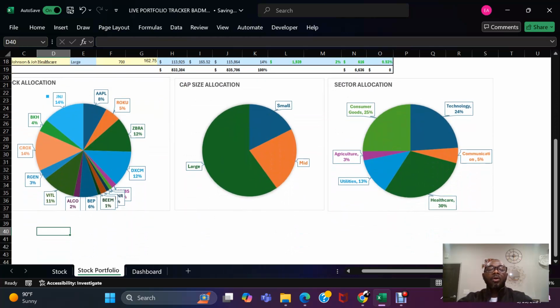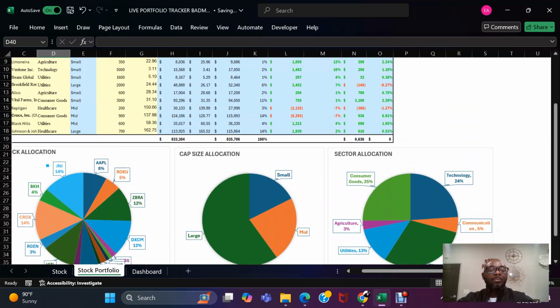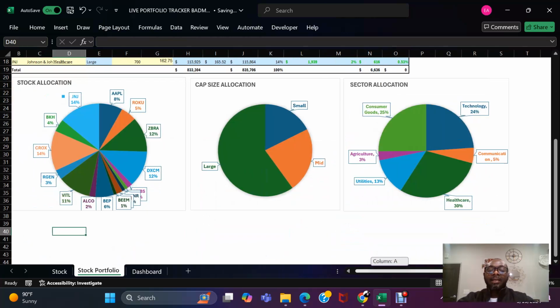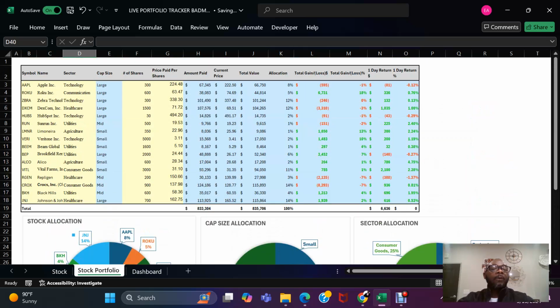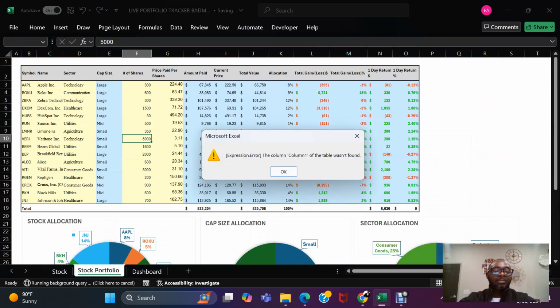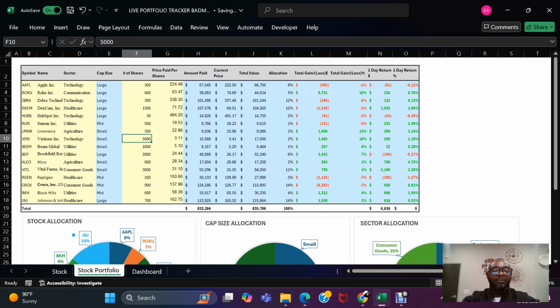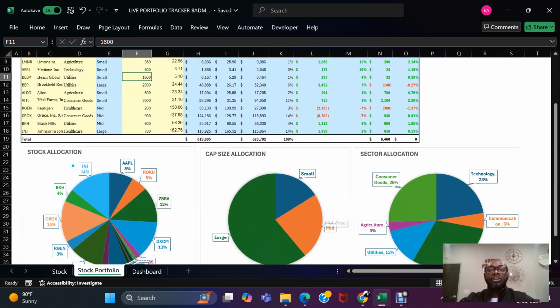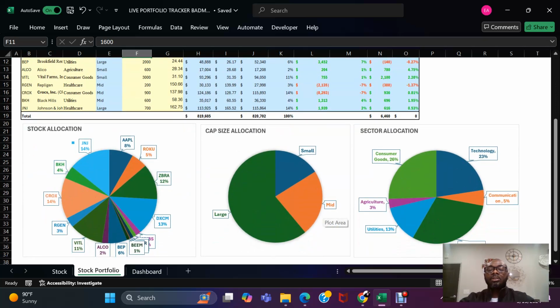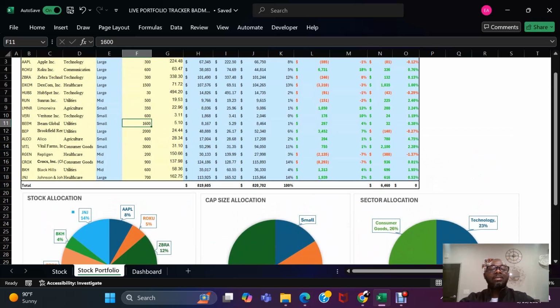Looking at this portfolio, like I said, this is a live portfolio. If, for instance, we change the number of shares that we bought in any of the companies, say we change this to 600, you see, the whole portfolio changes. It's live.